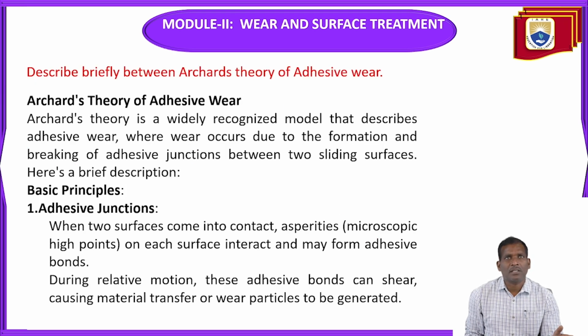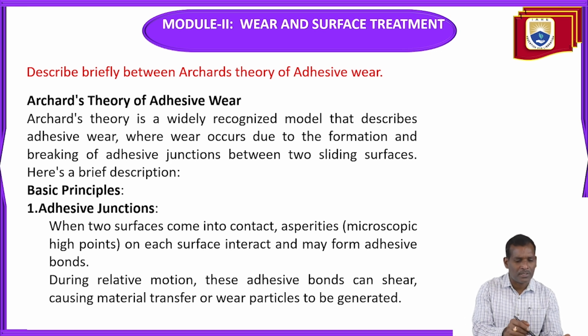Next one is: describe briefly Archard's theory of adhesive wear. In the theory part, we have already studied about adhesive wear. This is a recognized model that describes adhesive wear, which occurs due to the formation and breaking of adhesive junctions between two sliding surfaces.